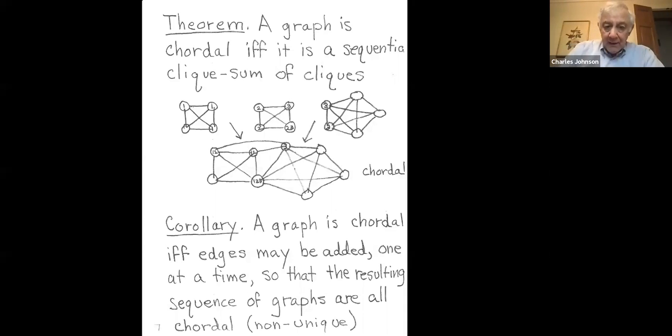And that's exactly because of this corollary. I can order things properly. Now, of course, this requires an order in which I add the edges, okay? And that order is not unique. In general, there are at least two such orders, and typically there are several such orders in which I can add the missing edges and maintain chordality.